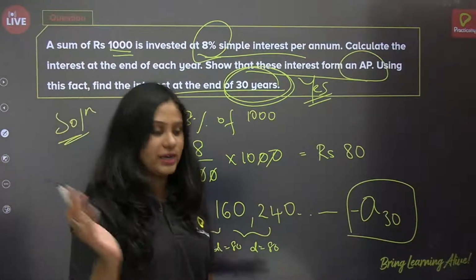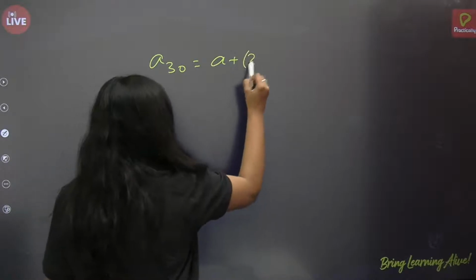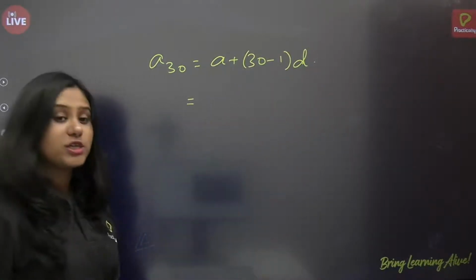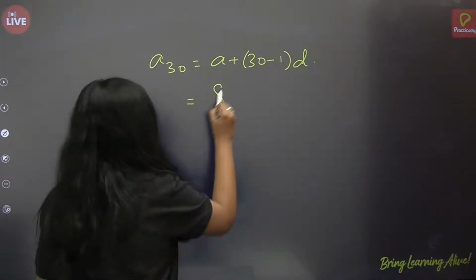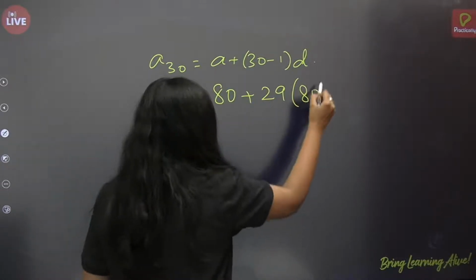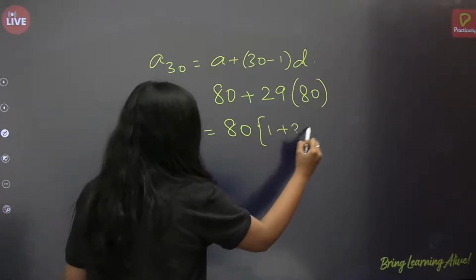We can find any term, right? So A30 equals A plus 30 minus 1 into D. Let's substitute the values. What is A? 80. So 80 plus 29 into 80. So 80 into 1 plus 29.